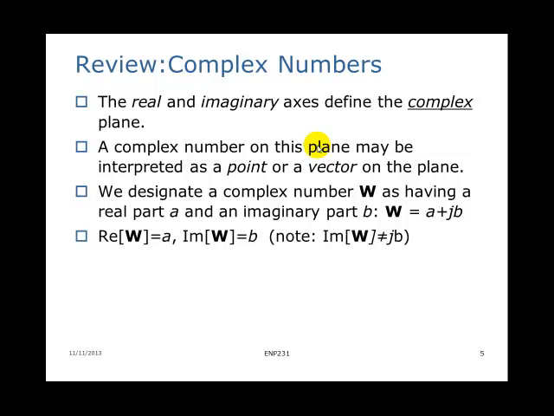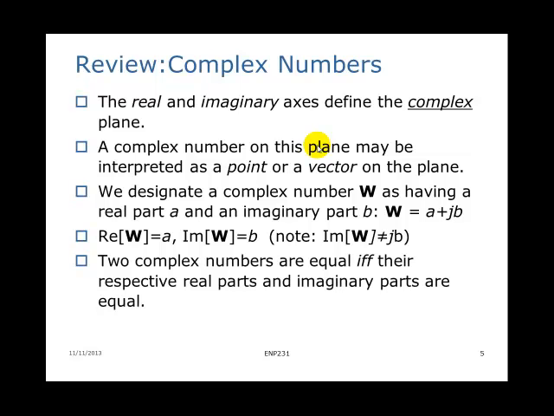RE, or the real part of W, is A, and IM, or the imaginary part of W, is B. Note that the imaginary part of W is not JB. In other words, the real and the imaginary parts of a complex number are both always real. Two complex numbers are equal if and only if their respective real parts and imaginary parts are equal.